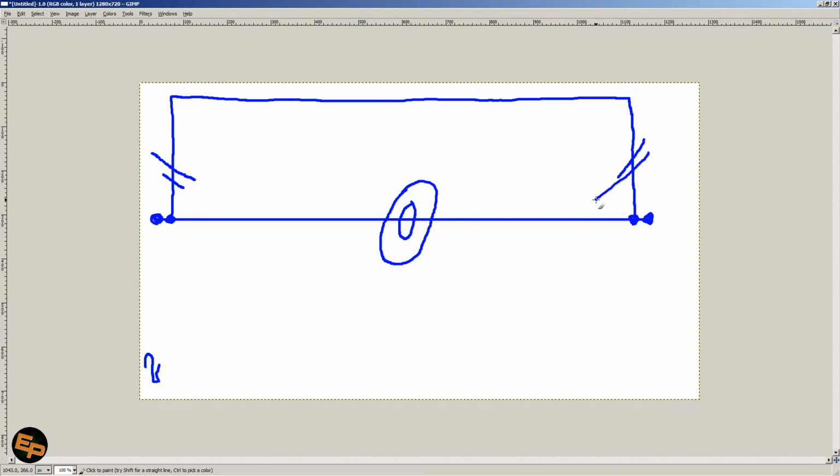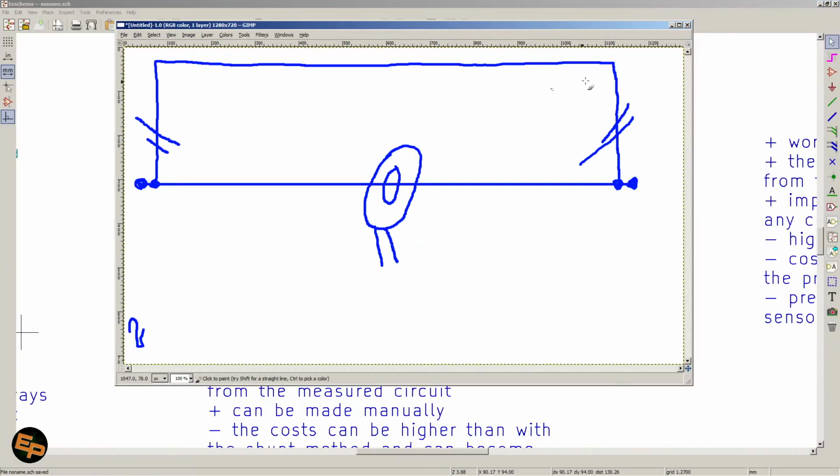That's the operation that allows you to start to measure currents. And then of course you will have two wires coming from the winding of this toroidal transformer, and that's it. You can start measuring your currents, right?